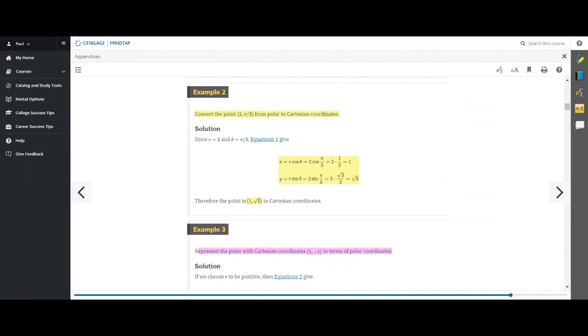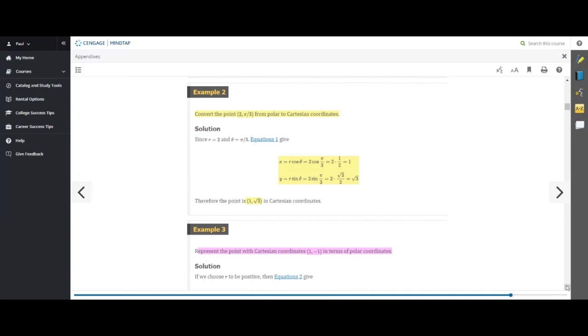Okay, you see how that works? Are there any questions on that? All right, well, let's look at example 3.